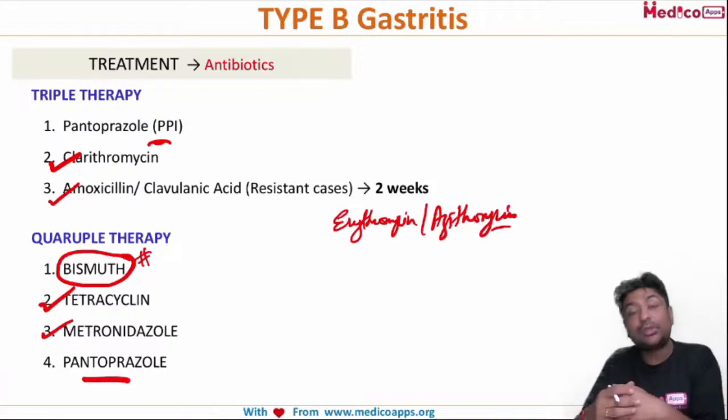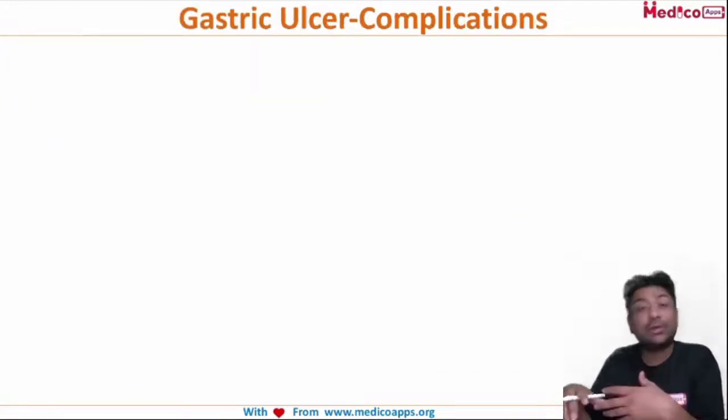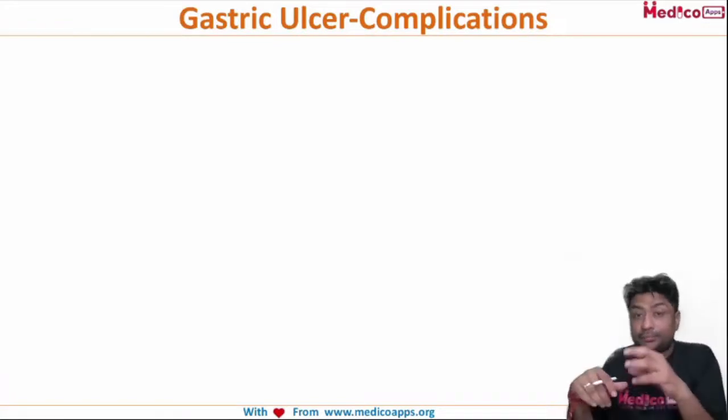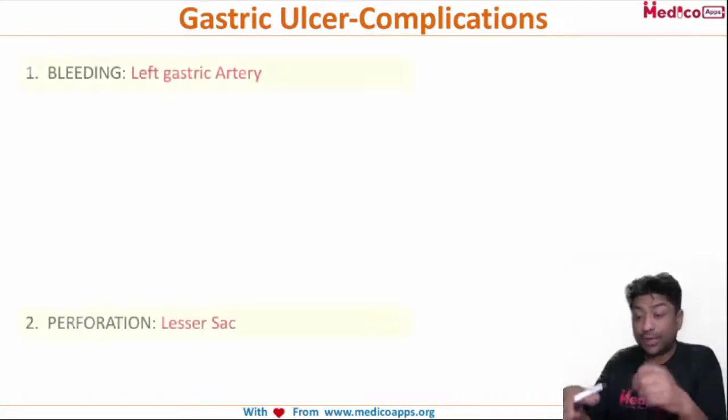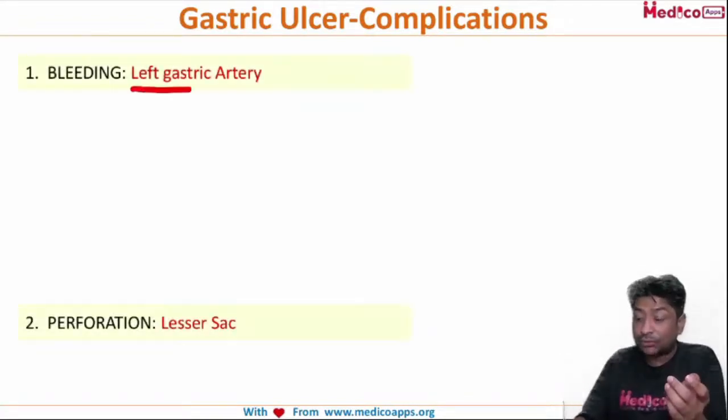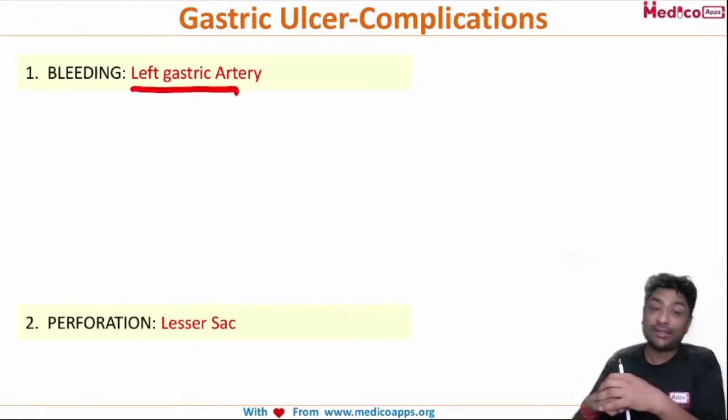So having understood the management, let's quickly look at the complications which we will see in gastric ulcer. So remember, as a rule, whenever there is a bleeding, you should know the source of the bleeding. So gastric ulcer can bleed also, and the source of bleeding in a gastric ulcer will be the left gastric artery.